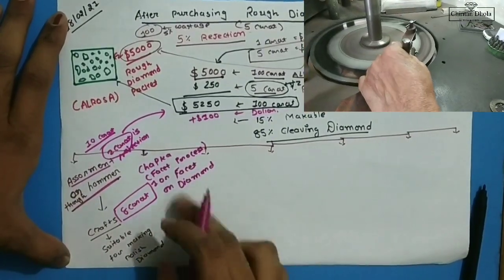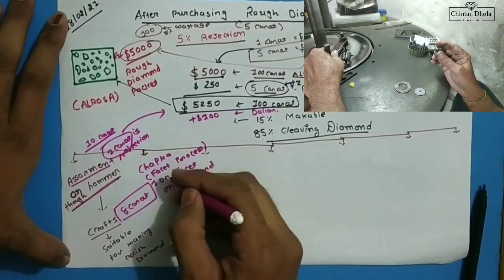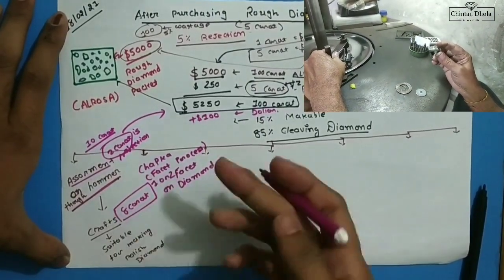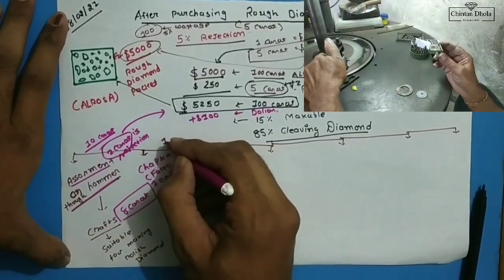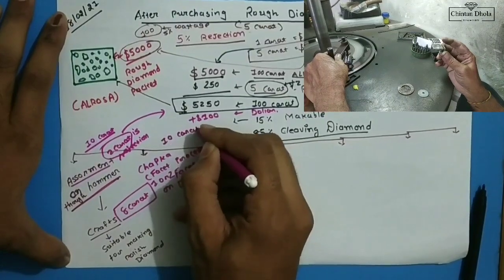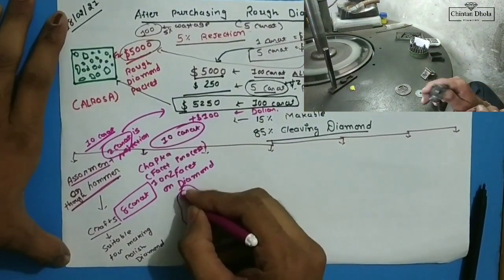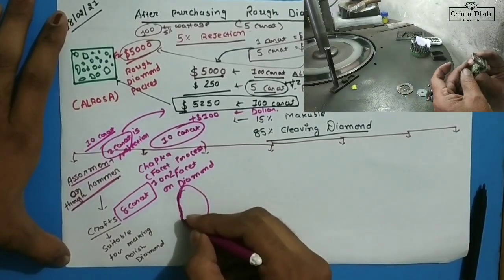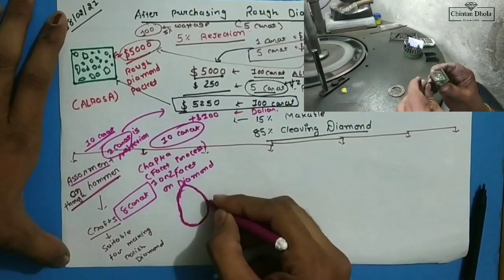Now in this chapka process, or we can say facet process, we put one or two facets on the chapka or on the diamond. Assuming a 10 carat rough diamond, I can't see what is inside it, because the outer surface is totally closed.